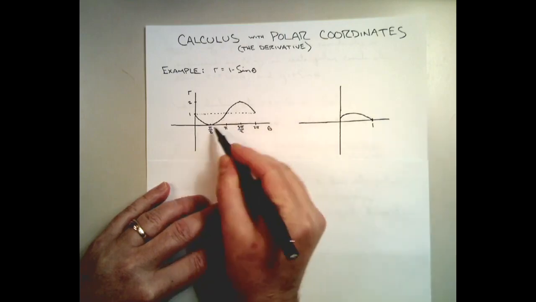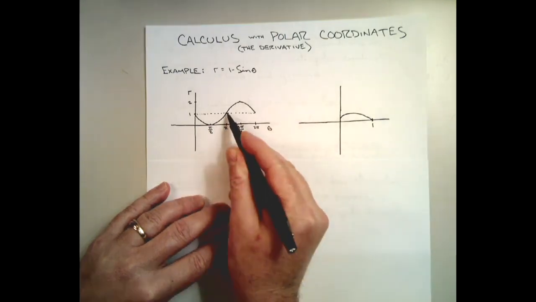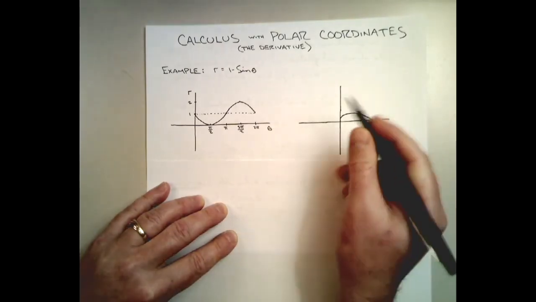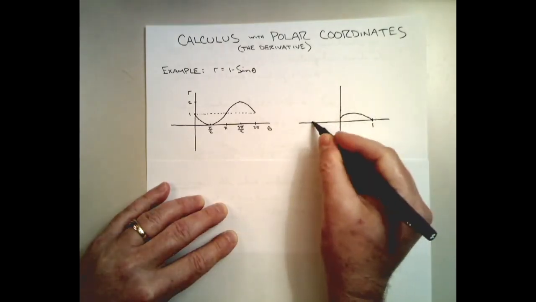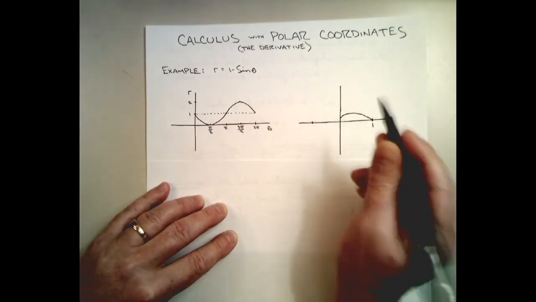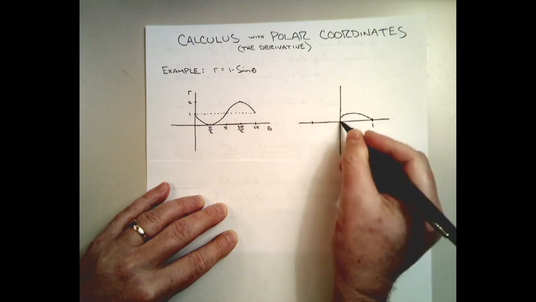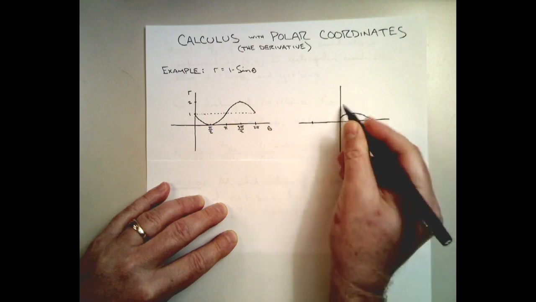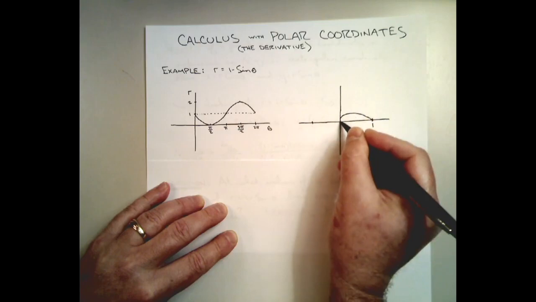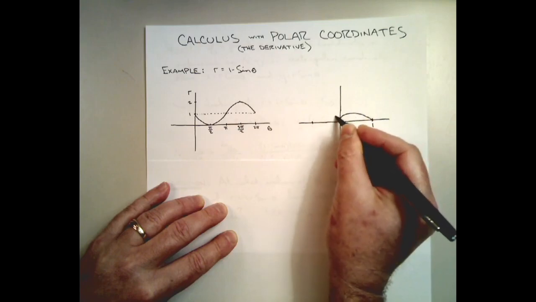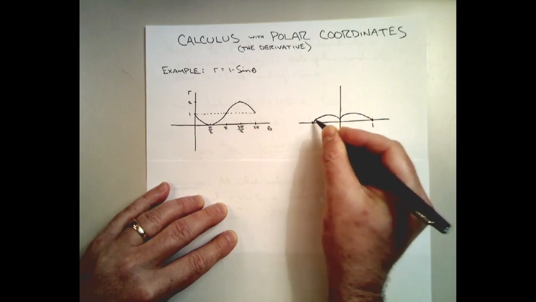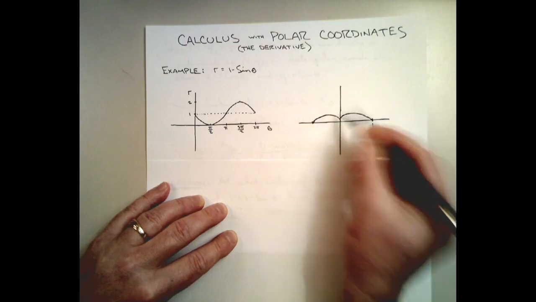And then as we move from π/2 to π, we're heading back toward 1 unit away from the pole. So there's a unit away from the pole. Again, we have vertical tangency at this point. So I'm going to be heading toward there, something like that.